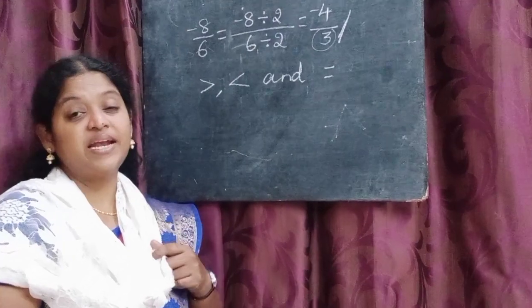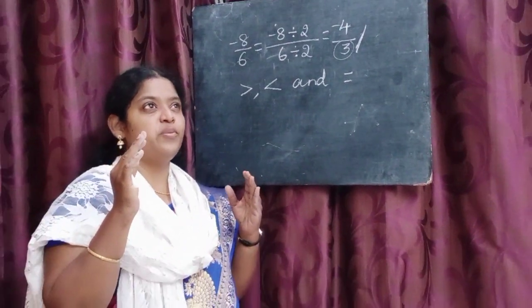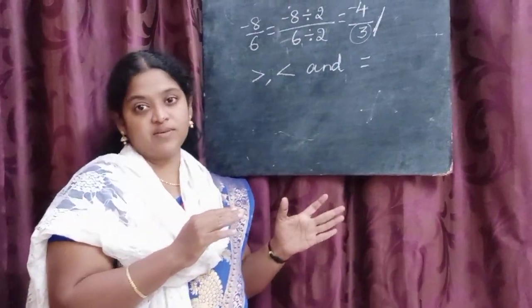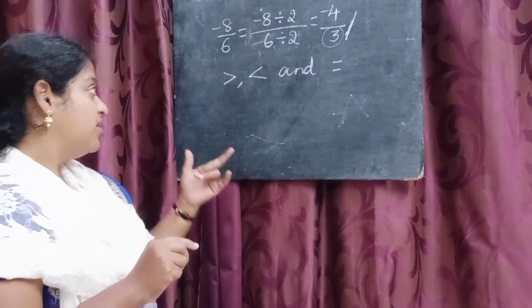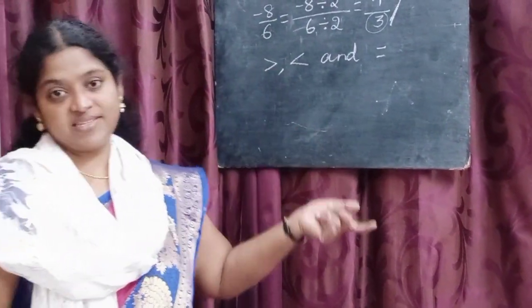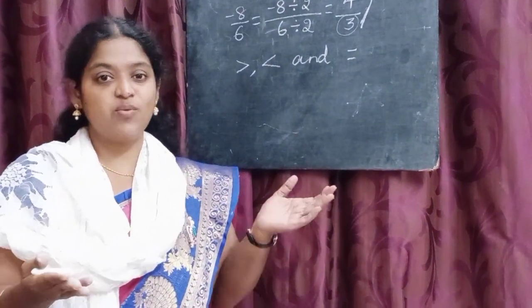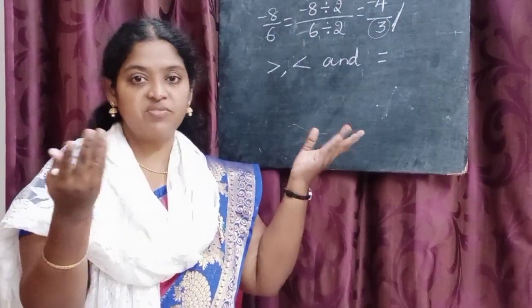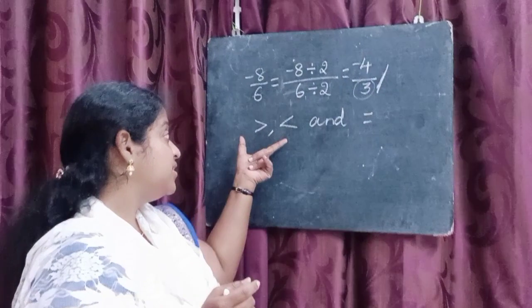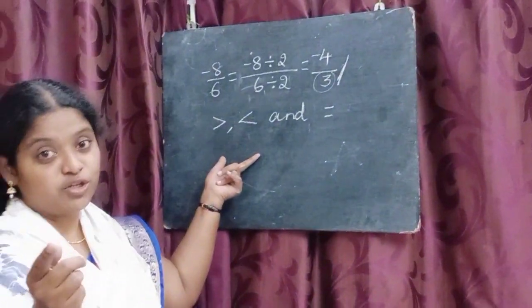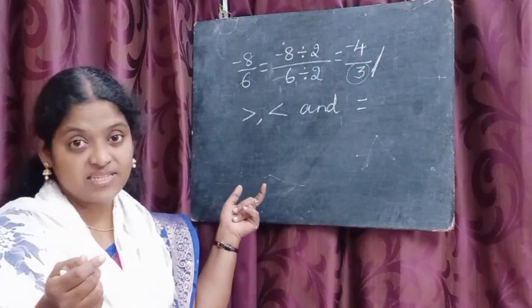Tell me. Many will get confused here only. So we don't know which is greater than symbol and which is less than symbol. Equal to, we know that. Equal to means both the sides numbers will be same. But what about these two symbols? Are you sure which is greater and which is less than?